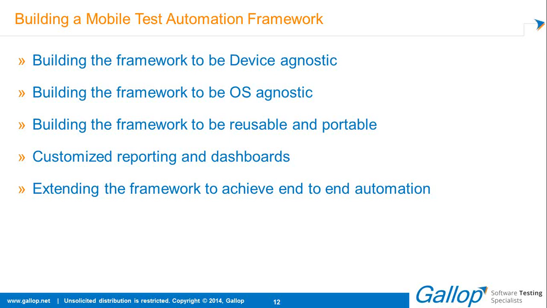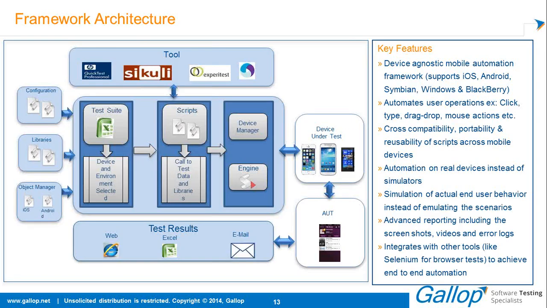They have the web product running, they have the mobile product running, and they want the whole automation suite to be maintained in a central repository, and as soon as you build your application and deploy it, you want your automation to kick off automatically. So you would want to achieve the whole end-to-end automation. These are certain considerations or characteristics that you would look for in a mobile automation framework.